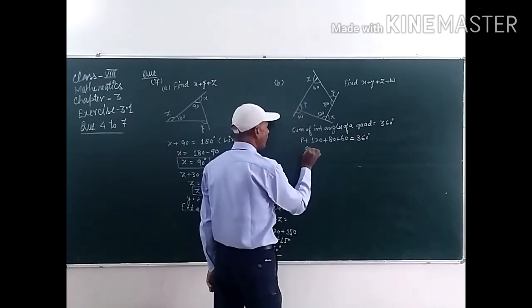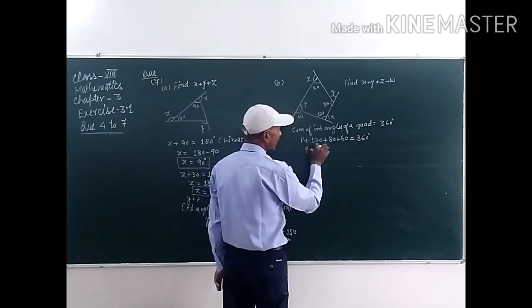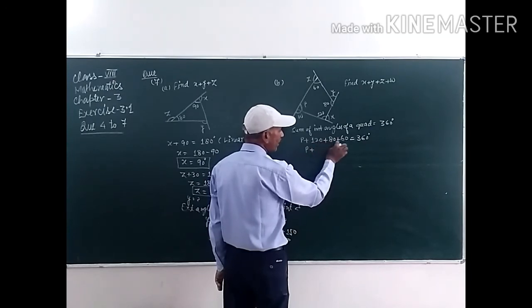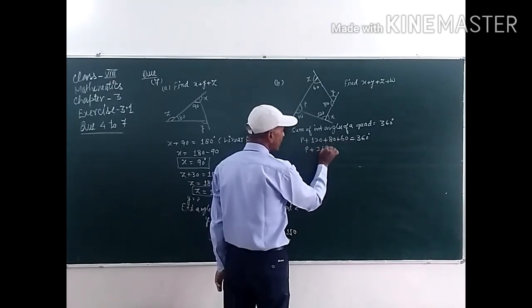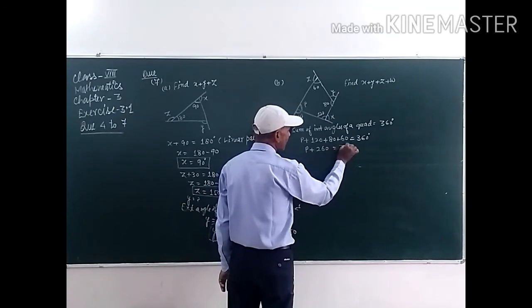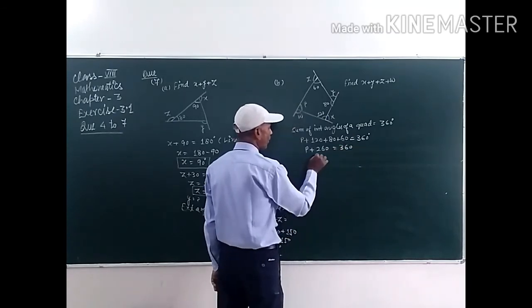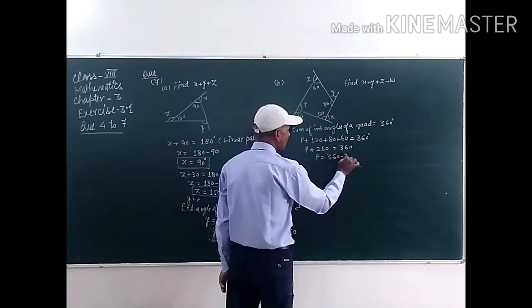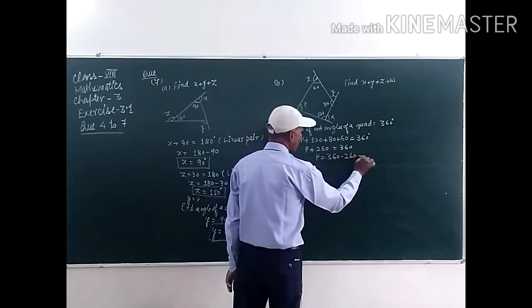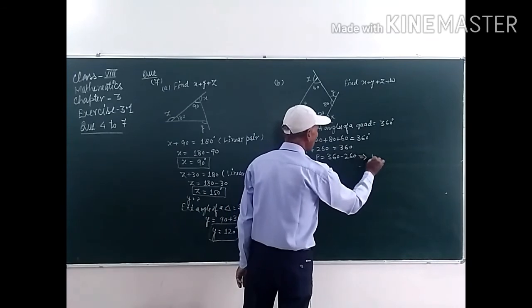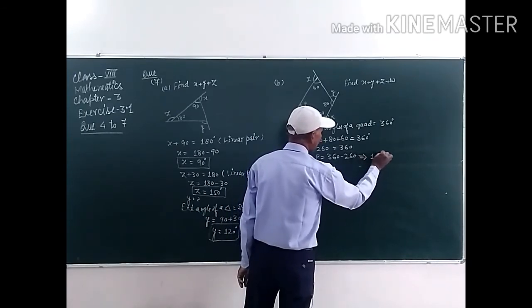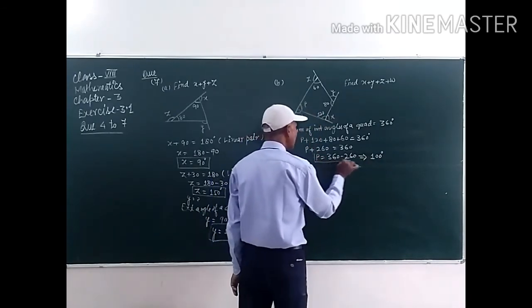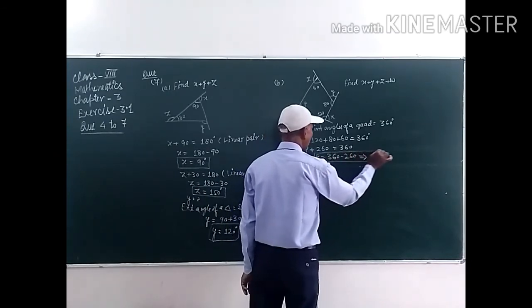Now P plus 120 plus 80 is 200, and this 60 makes 260, equal to 360. P is equal to 360 minus 260, which is equal to 100 degrees. The value of P is 100 degrees, student.